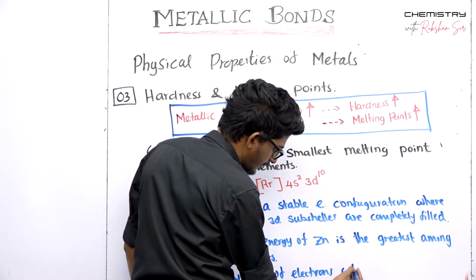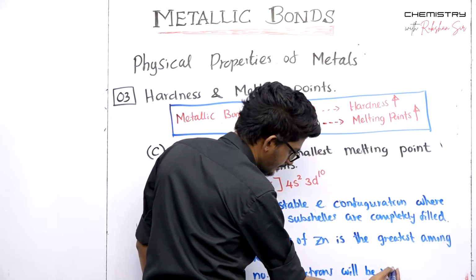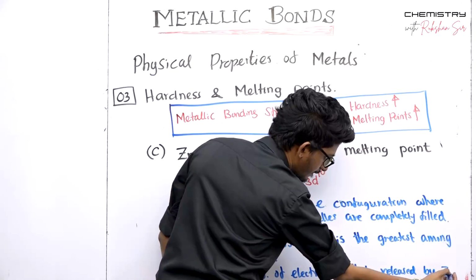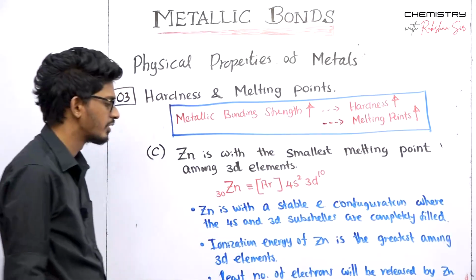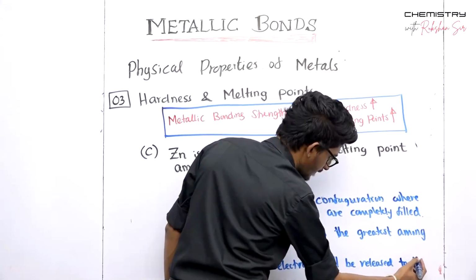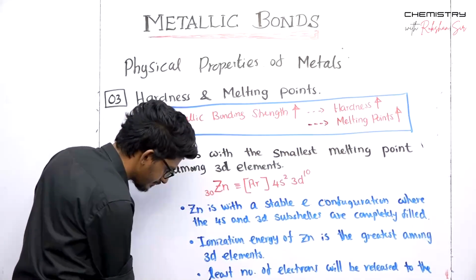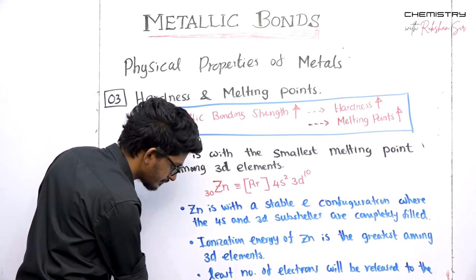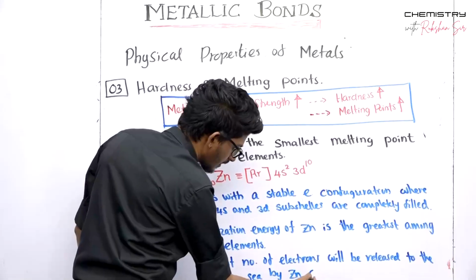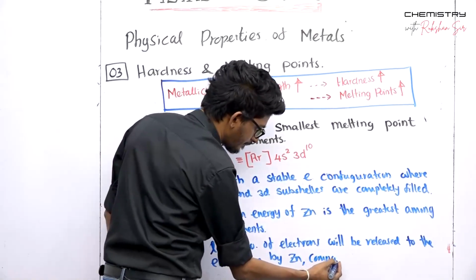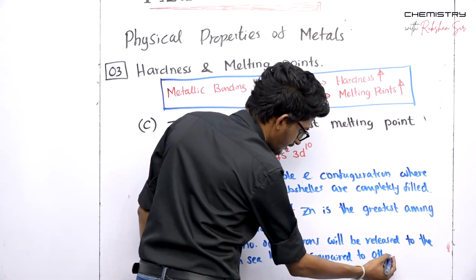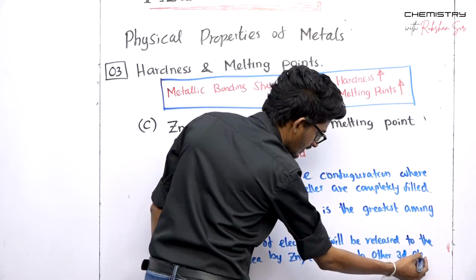So the least number of electrons will be released to the electron sea by zinc, compared to other 3d elements.